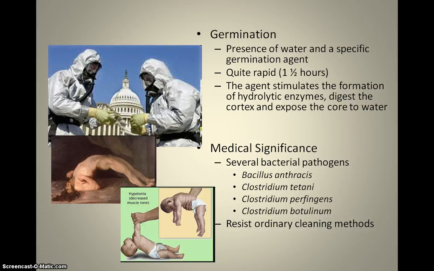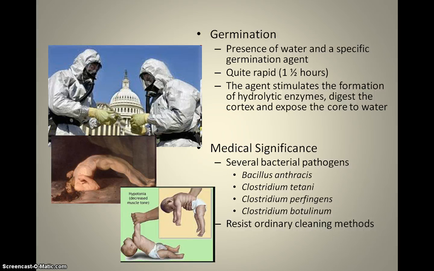There is a huge medical significance to spores, because spores are what can cause a lot of infectious diseases. Like Bacillus anthracis, so anthrax. The anthrax attacks that happened after 9/11 involved anthrax spores that were inhaled, which caused people to get sick and some people to die.